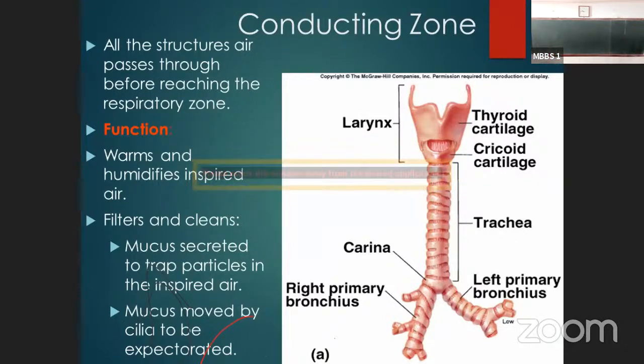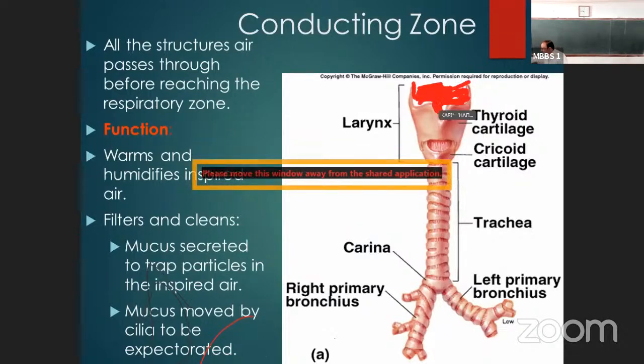Warming and humidification of the inspired air will occur. Mucus is secreted, which will trap the foreign bodies and particles, and from this part there will occur the beating of the cilia towards the pharynx. If any particle is present in the inspired air, that will be trapped in the mucus secretion.